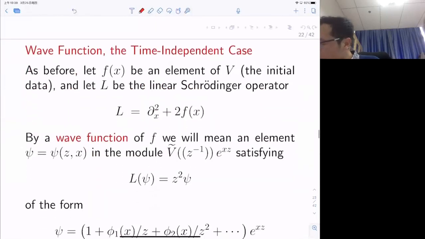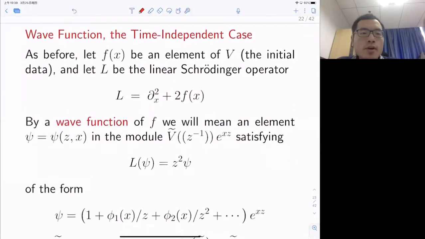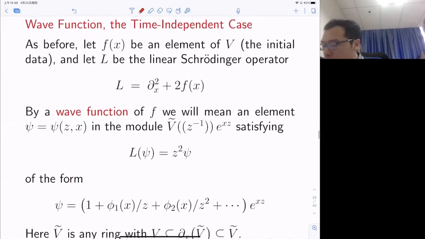So now let's go to the wave function. I will be quick because now the object I think is more familiar to us. Let's consider an arbitrary element in the ring V. And we look at this initial Lax operator, which is given by dx squared plus 2f.